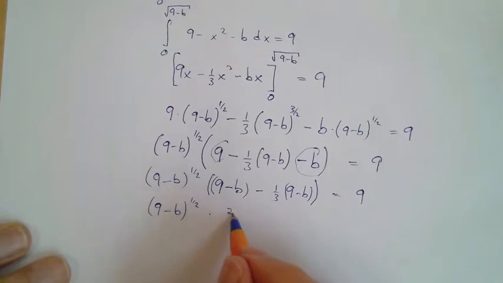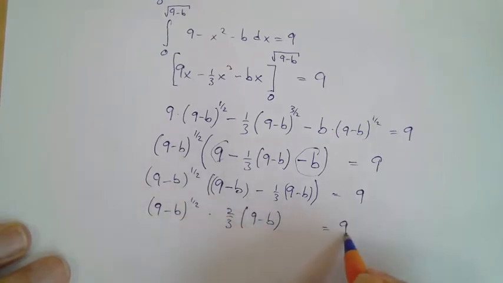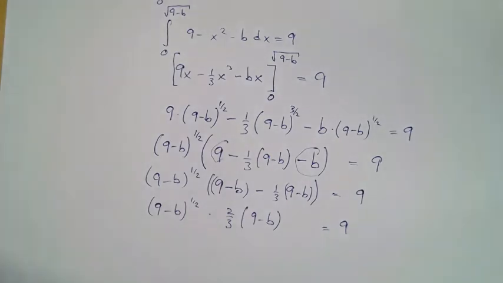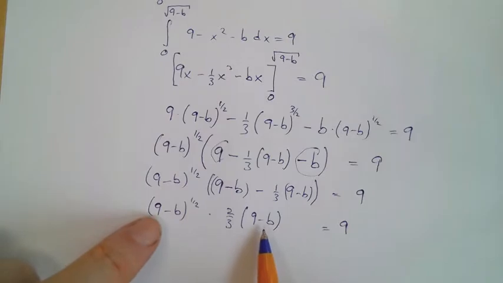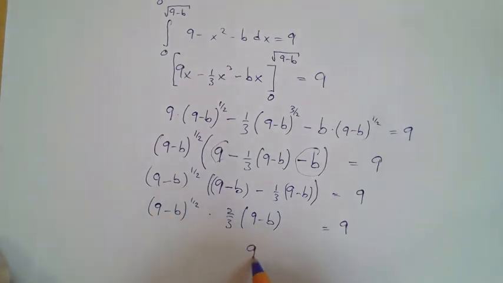So we have 2/3 of 9 minus b. So doing all this juggling allows us now to put 9 minus b to the power of 1/2 times 9 minus b together again. I'm not sure this is the best method. Whatever, as long as you don't make mistakes, it's fine to not minimize every single step.